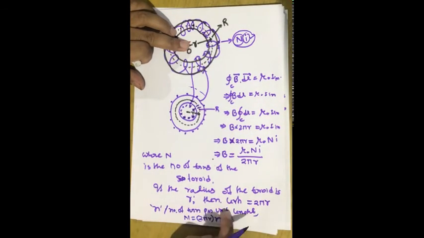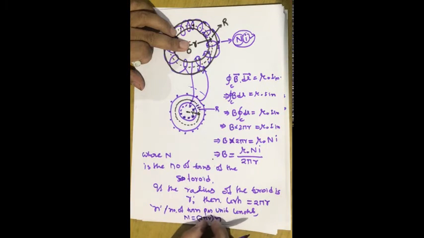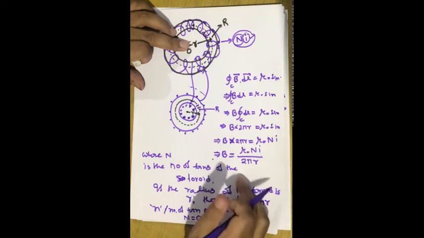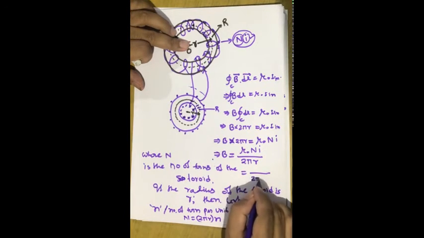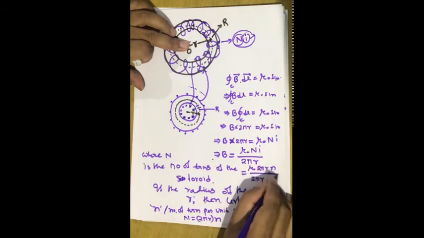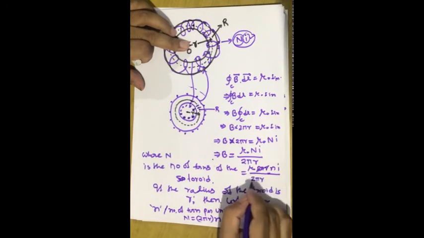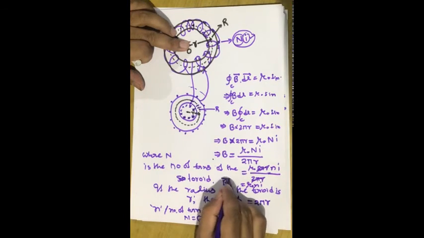So the total number of turns capital N we can write as twice pi r into small n. Okay, so now we can put this expression here: mu naught into twice pi small r n into I divided by twice pi r. So twice pi r cancels, so mu naught n into I.